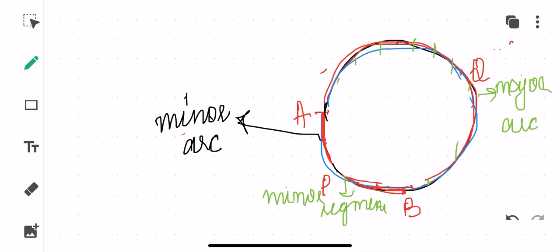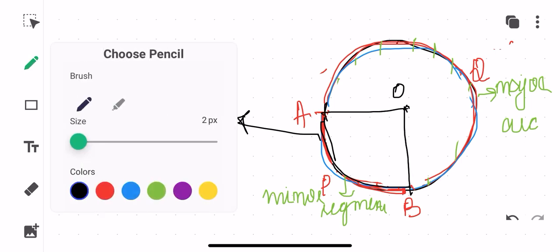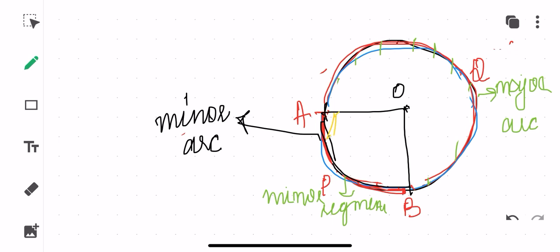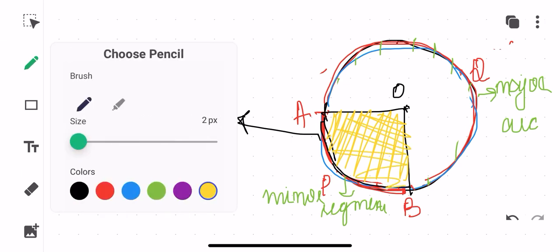So the basic definition is, it is the region that is bound by an arc and two radii. Suppose AB is my arc. Okay, and then from the center I am drawing OA, I am joining OA and I am joining OB. So in this figure, this particular area which is there, children, this particular area is called what? This particular area is called sector.